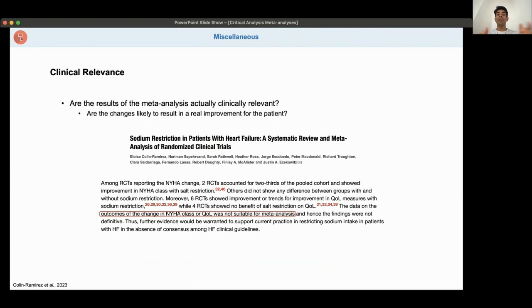Maybe it didn't change all-cause mortality like we saw in this study, but maybe it would have improved people's quality of life. You never know. So I would say this study is actually not too clinically relevant right now because they haven't really looked at quality of life, and I'm not fully convinced yet.